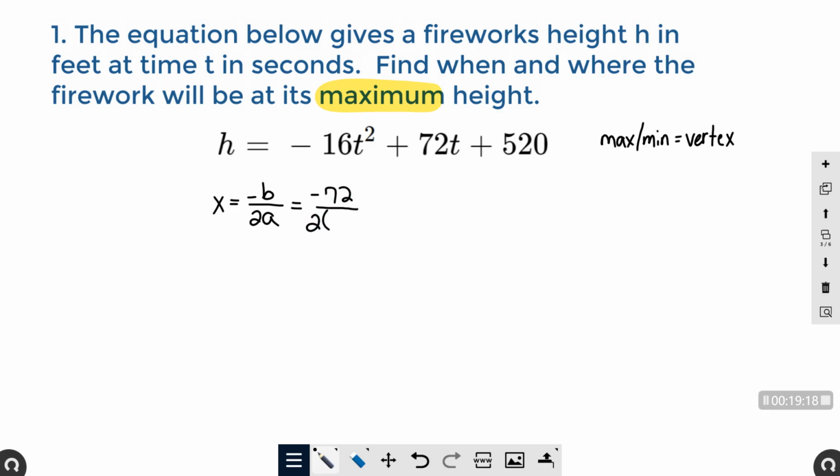Over 2 times a, which is -16. Now, don't forget how to simplify these. When you go through and simplify, multiply the denominator first. So what is 2 times -16? And then divide the 2 numbers.